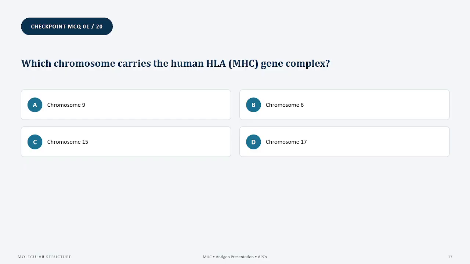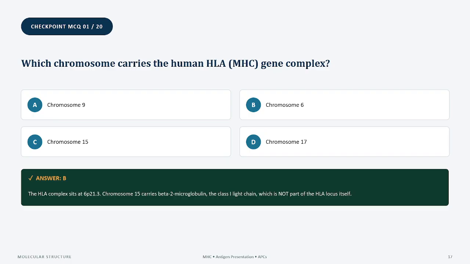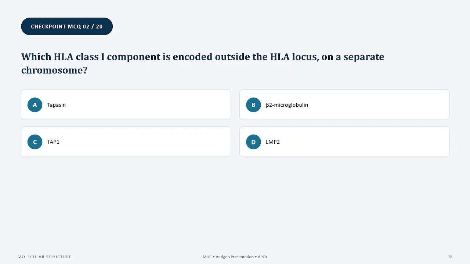Yes, that is right. It is chromosome number 6. Chromosome 15 carries beta 2 microglobulin, the class 1 light chain, which is not part of the HLA locus itself. B is correct. Which HLA class 1 component is encoded outside the HLA locus on a separate chromosome?